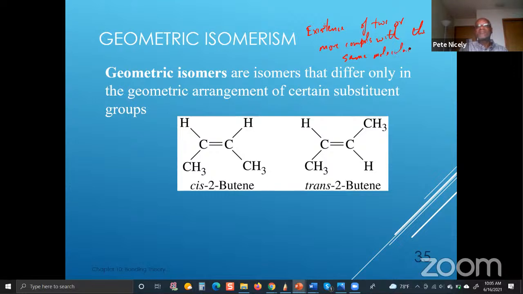That's what isomerism is. And you have different types of isomerism. The one that we're going to talk about here is geometric isomerism.